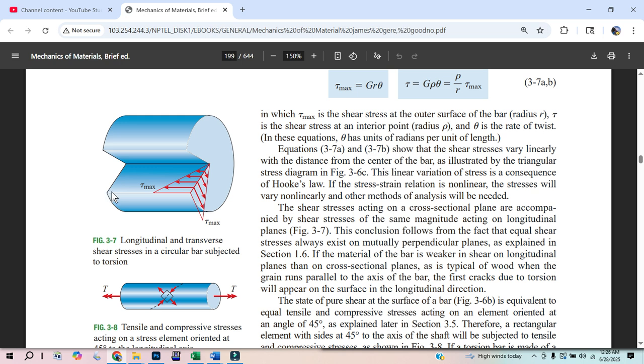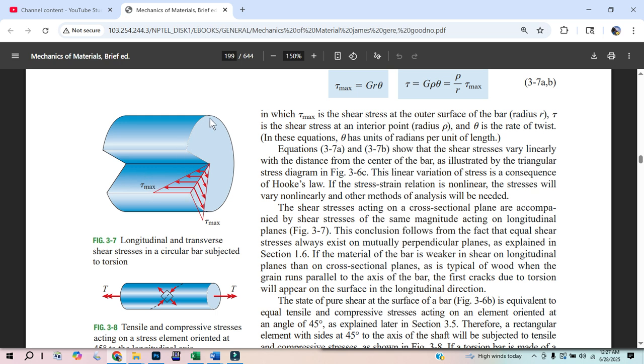Let's say the angle is 0.002. I know the material is steel, so I'm halfway to the max. I know that the shear stress, therefore, from Hooke's law, is not going to be 44,000 maxed out. It's going to be 22,000 psi, and sweet. And so that is going to be my max value.